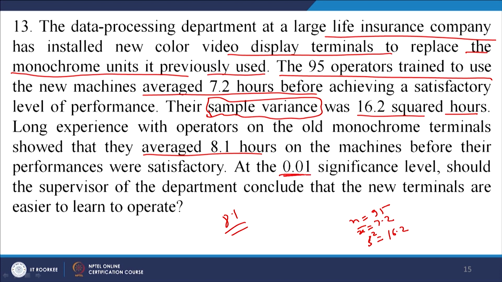At the 0.01 significance level, should the supervisor of the department conclude that the new terminals are easier to learn to operate?